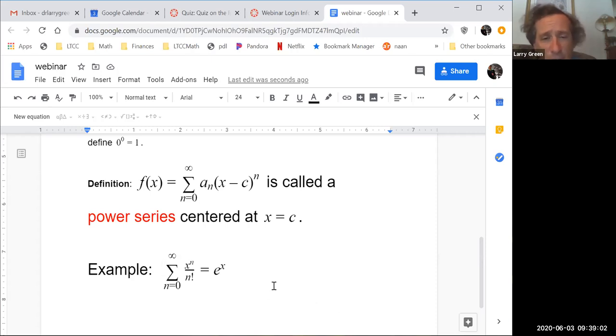So let's see if you can tell me another way of wording the sentence: what is the domain of this power series function?